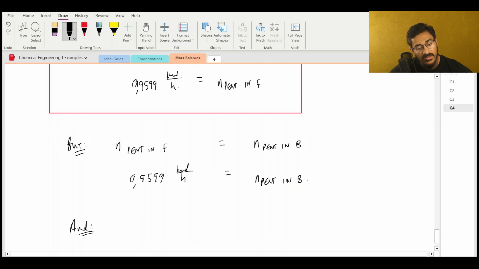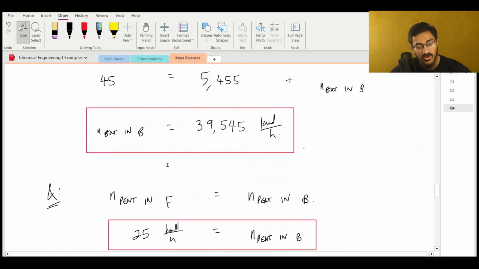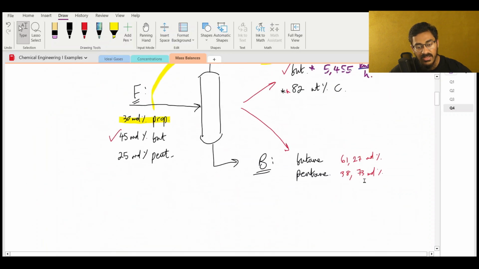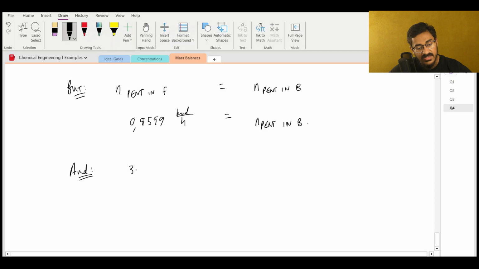And I know, if we go up quickly, back to our information, 38.73 mole percent, so 38.73% of all the moles in the bottom stream must belong to pentane. So 38.73% of all the moles in the B stream must equal the number of moles of pentane.